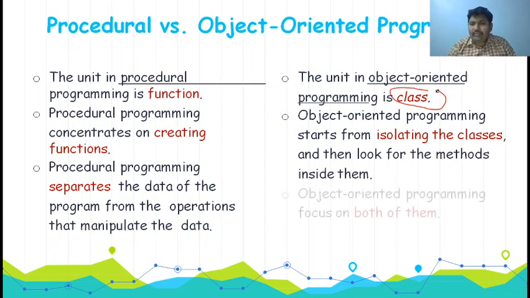Next, object-oriented programming focuses on both the data and the operations. Operations cannot directly affect the data. Data can be influenced through the operations, so according to the data modifiers, we need to write the programs.